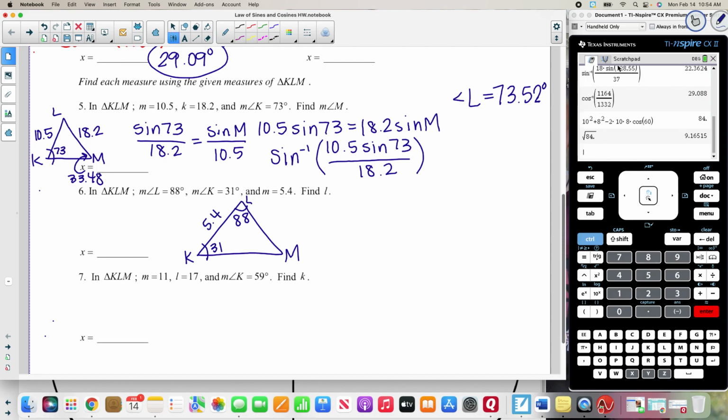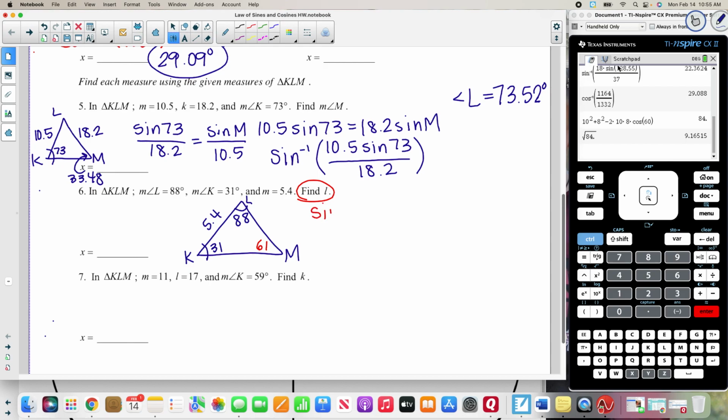Right this second, do I have an angle measure and the side across from it? No. But what should I do? Add the angles together and subtract from 180. So that would give me angle M, which is 61. Now I have an angle measure and the side across from it. This is only wanting little l.